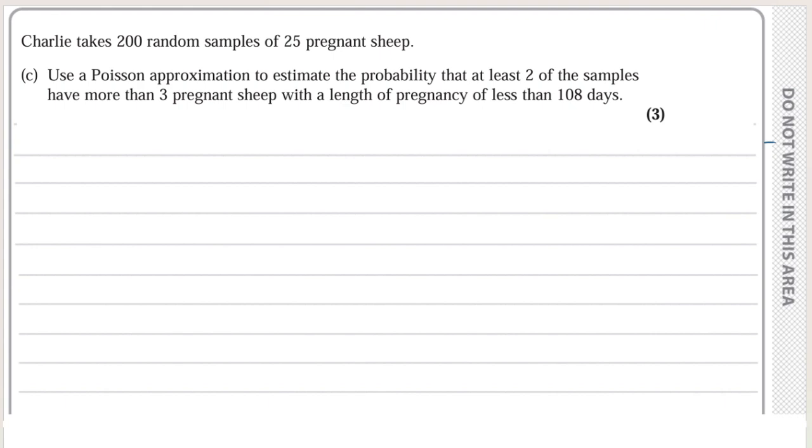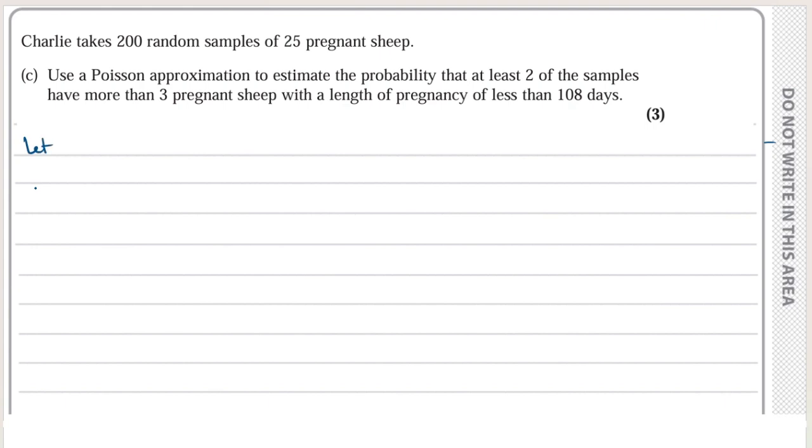Part C. Charlie takes 200 random samples of 25 pregnant sheep. Use a Poisson approximation to estimate the probability that at least 2 of the samples have more than 3 pregnant sheep with a length of pregnancy of less than 108 days. So we define a random variable.